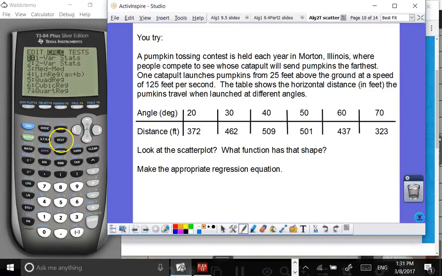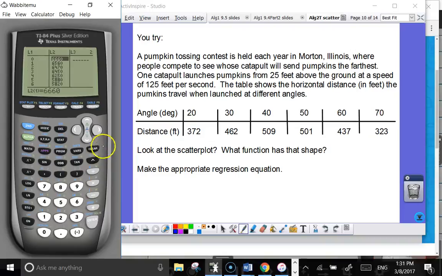Okay, so calculator, stat, edit. I'm going to clear my menu, clear, clear. 20 to 70: 20, 30, 40, 50, 60, 70.